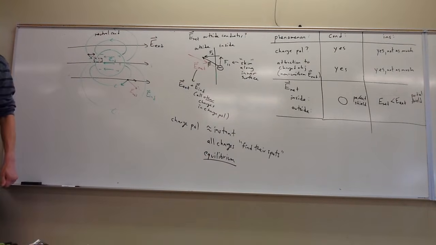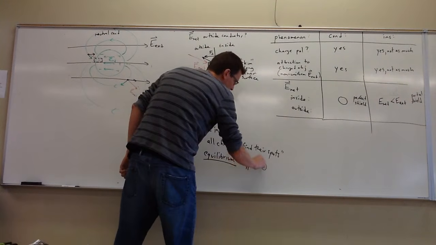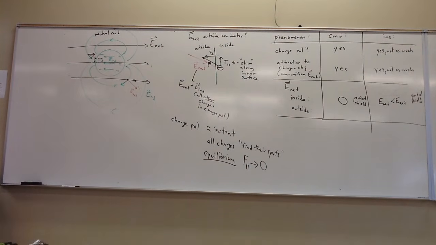And if we've achieved an equilibrium situation, it means that whatever desire they have to skim or skirt along the inner surfaces to redistribute, they've already done that. And if they've reached equilibrium, F parallel has to go to 0. If it hasn't gone to 0 yet, it means it hasn't yet found its spot. And we're assuming that that gets taken care of very quickly and we don't worry about it.